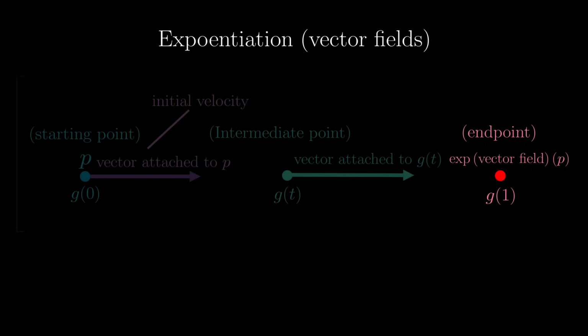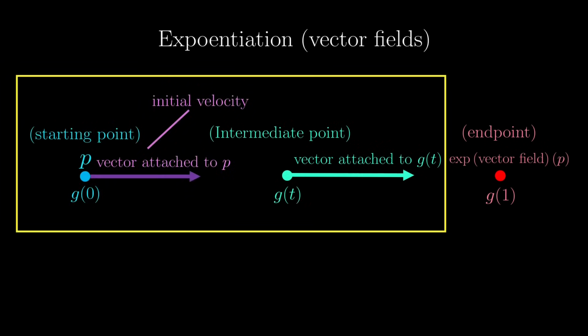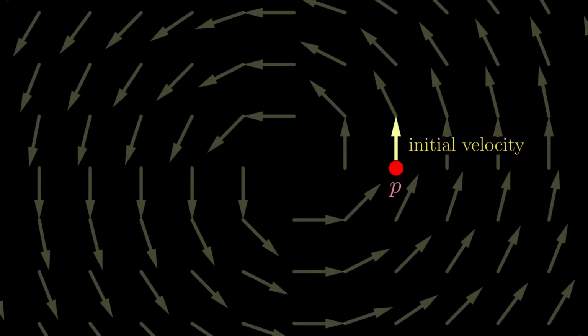The whole setup is basically asking us to treat the vector field as velocities at the different points. So visually, we start at the point P. Then we follow the vectors in the vector field and treat them as velocities. The trajectory here is the journey g of t.